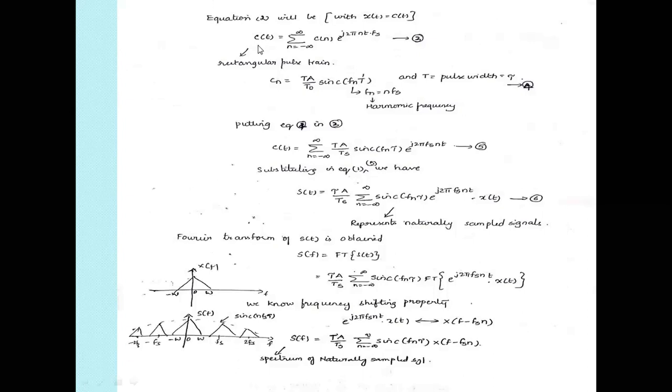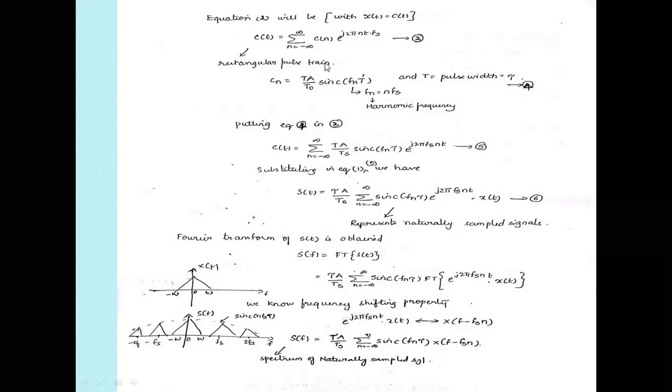Now that becomes c of t equal to the sum of n equal to minus infinity to infinity Cn. Instead of xn, I am writing Cn, and instead of x of t, I wrote c of t, e power j 2 pi n t, 1 by Ts is Fs.